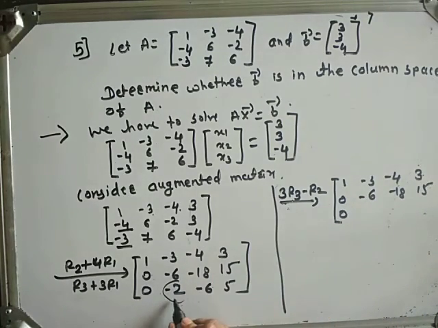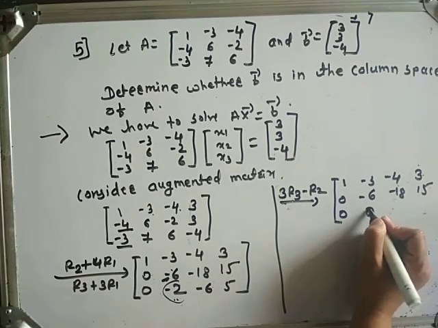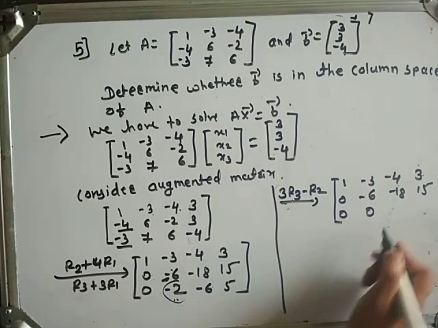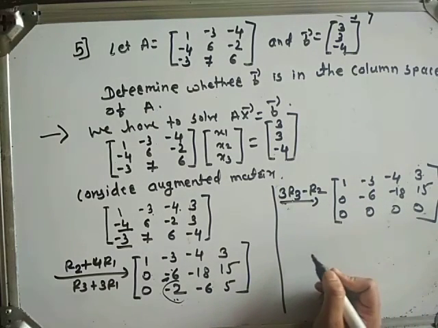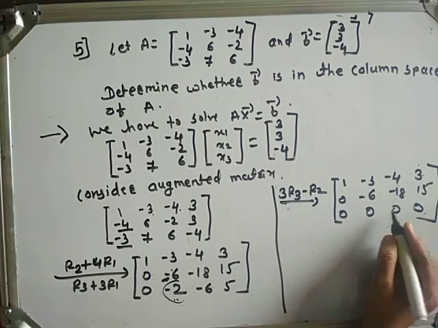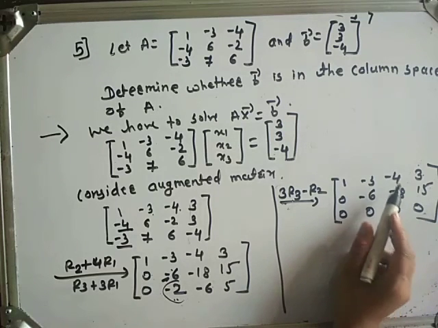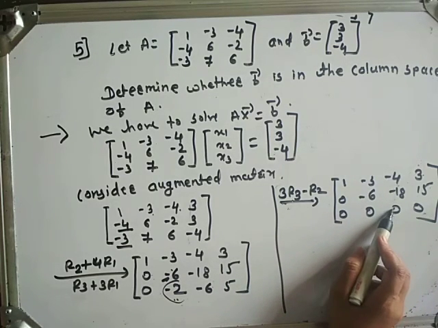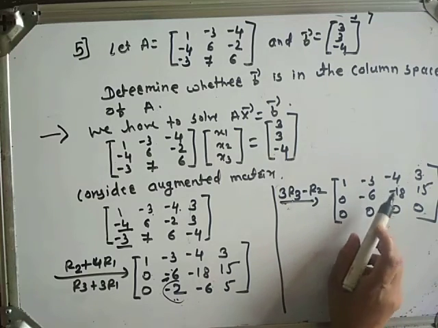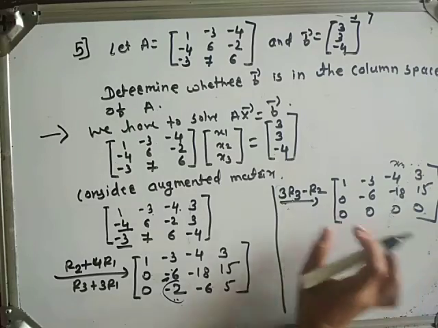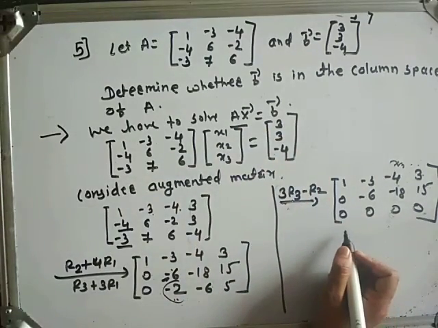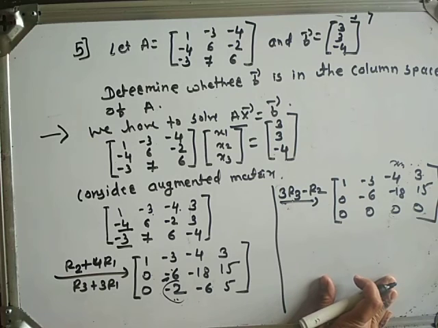Here 3 into R3, minus 2 into 3 is minus 6, this minus minus becomes plus, so minus 6 plus 6 is 0. Minus 18 plus 18 is 0. 15 minus 15 is 0. Students, observe that column 3 does not have a leading one. That's why x3 is a free variable. Therefore, this system A into x bar equal to b bar has infinitely many solutions.